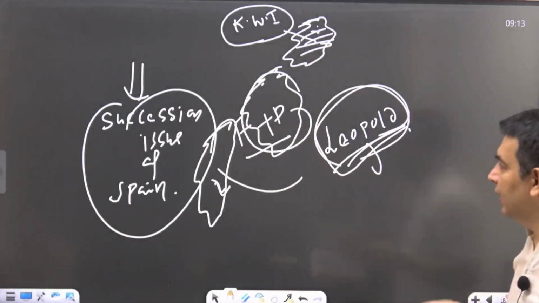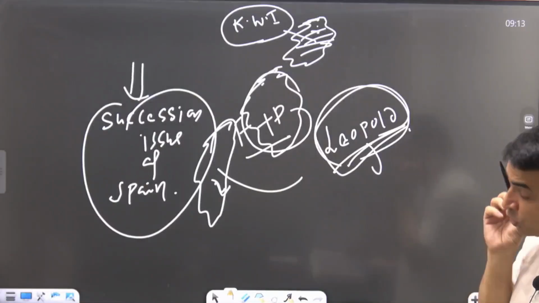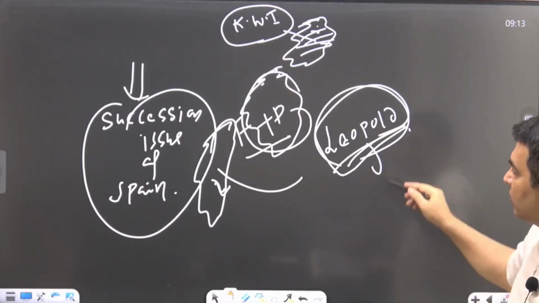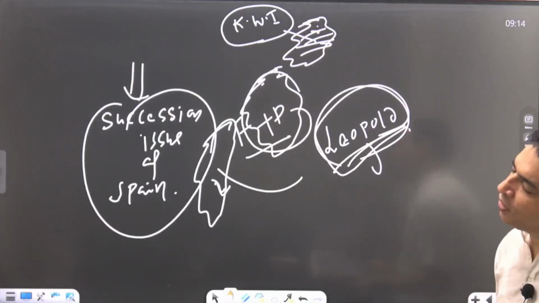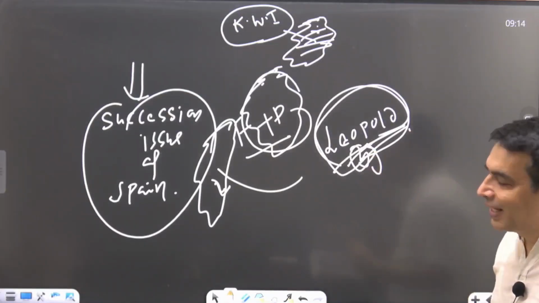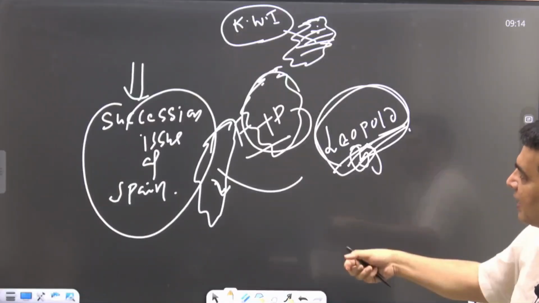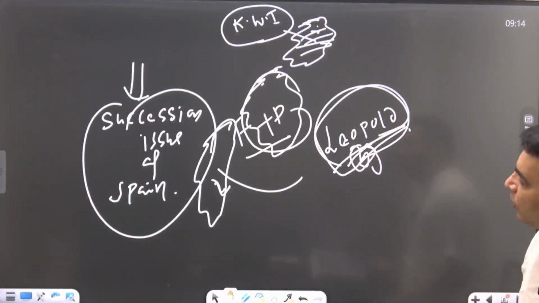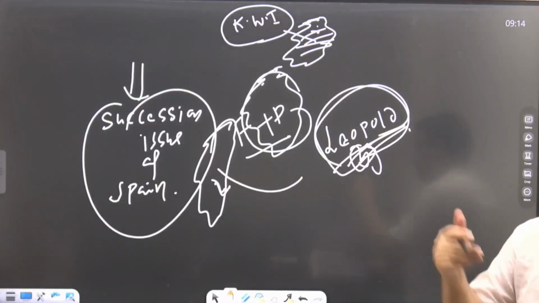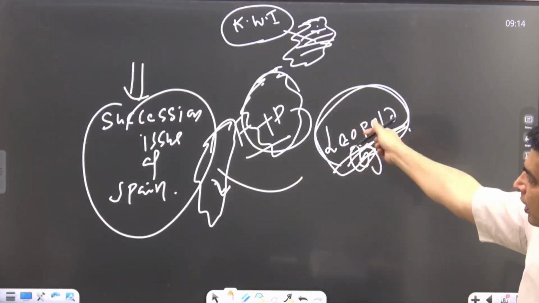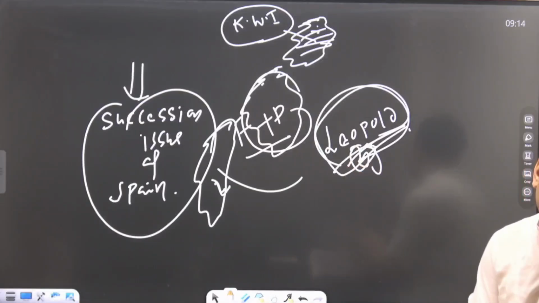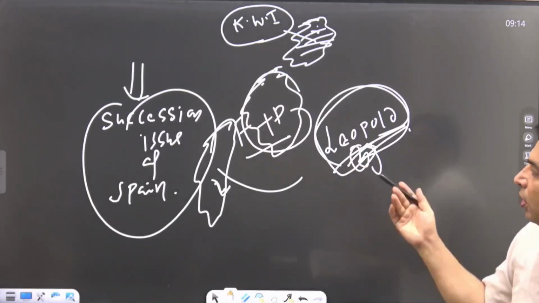That's why he said that Leopold should not claim the throne, and under the threat of his warning, Leopold withdrew his claim. Napoleon further wanted a written assurance from Kaiser William I that in future also he would not support the claim of Leopold. But this was not acceptable to any king, and so he rejected.